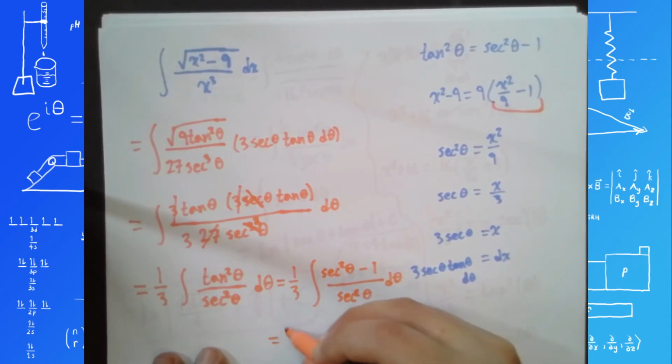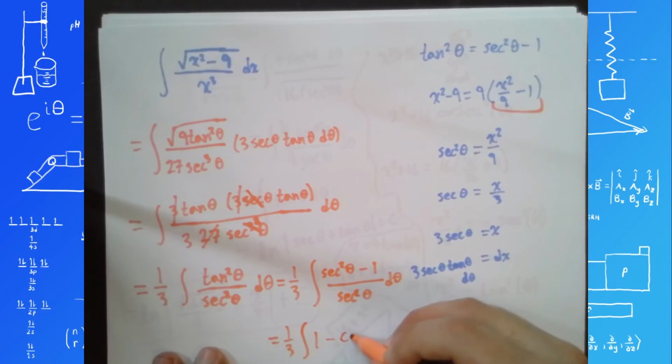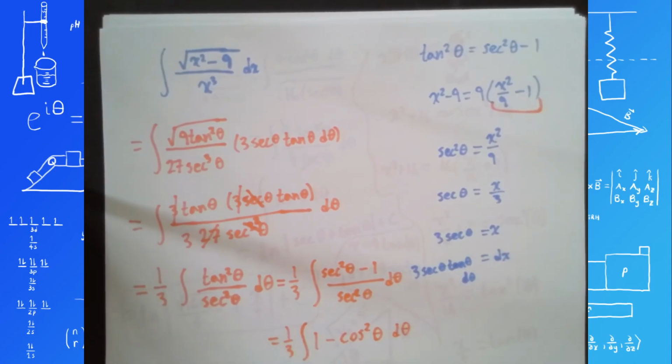So we've got 1/3 integral of 1 minus cosine squared of theta d theta. And how do we integrate cosine squared? Integrating 1 is easy. What about cosine squared? More trig identities.